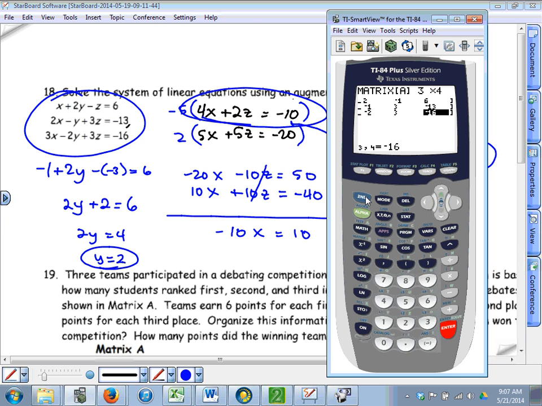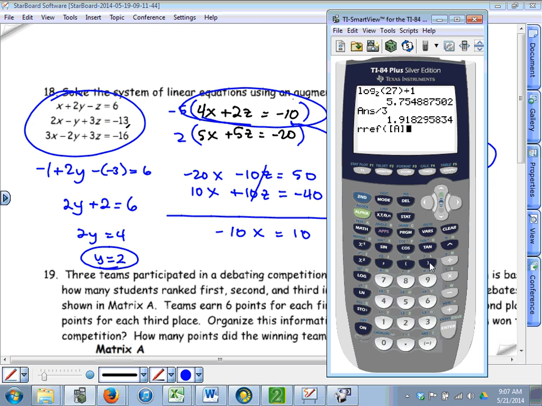Yeah. So now I'm going to quit out of that, go back into the matrix menu, go over to math, scroll up to where it says RREF. That stands for row reduced echelon form. That's kind of like what we do with augmented matrices, right? So I'm going to enter on RREF, and then you need to tell it which matrix to do it on.